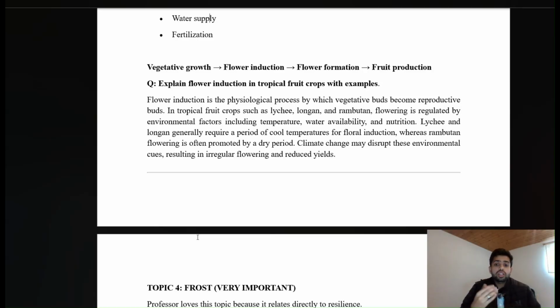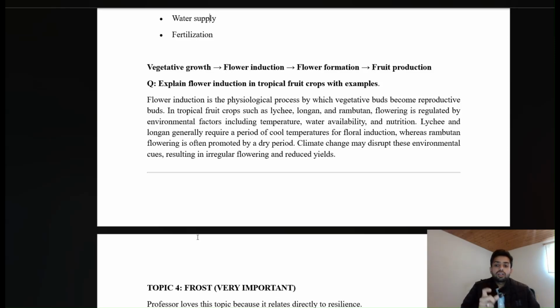The flowering will start. In tropical fruit crops such as lychee, longan, and rambutan, flowering is regulated by environmental factors like temperature, water availability, and nutrition.